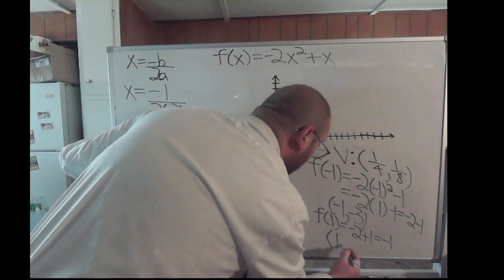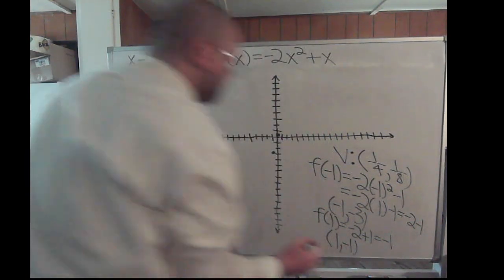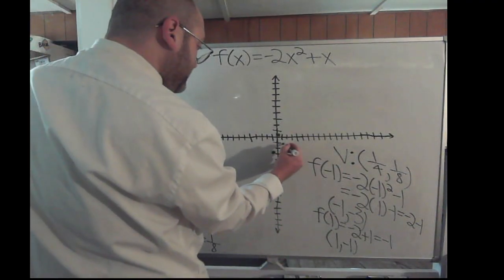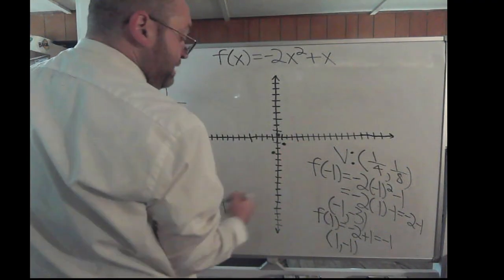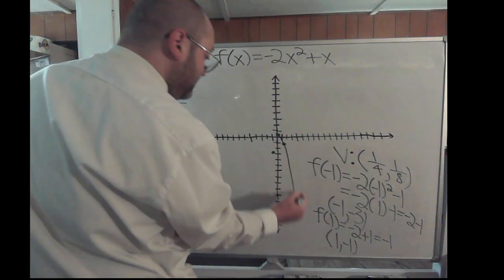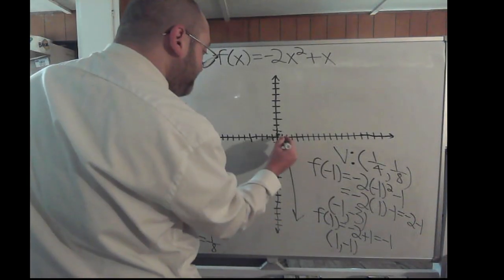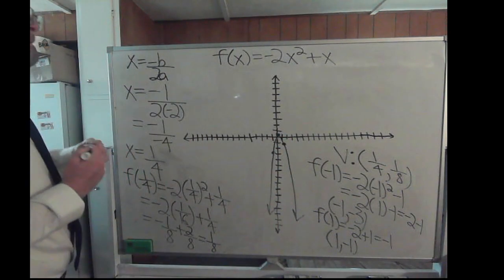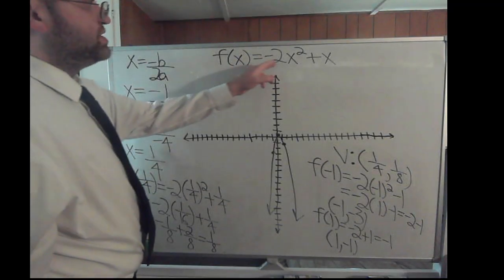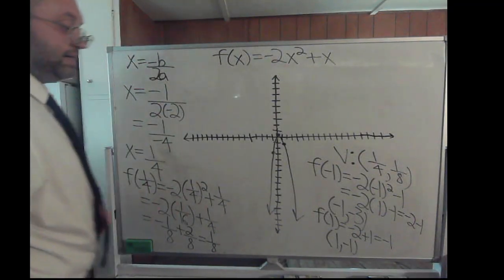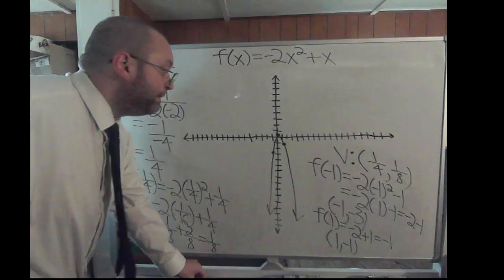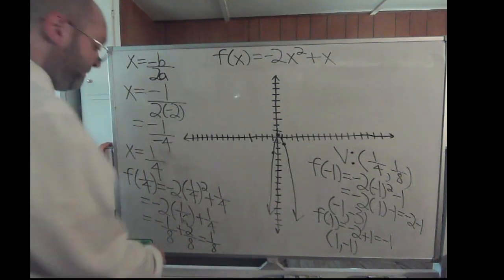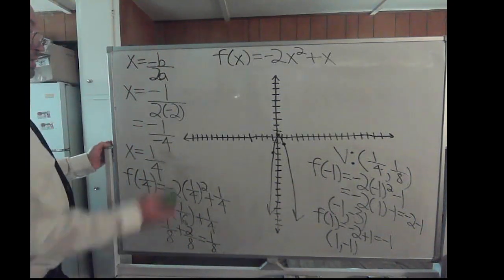So you have the point 1, negative 1 that also works. There's 1, negative 1. Now we just simply connect the dots, and you have your parabola. That's f of x equals negative 2x squared plus x. That would be the graph of that. And I have one more.